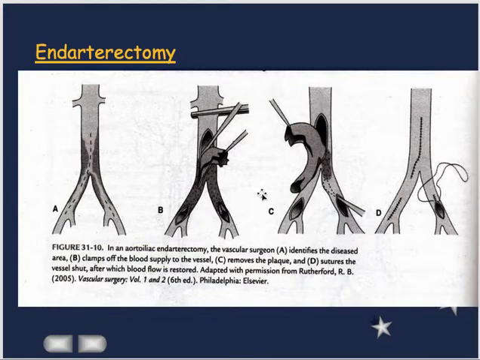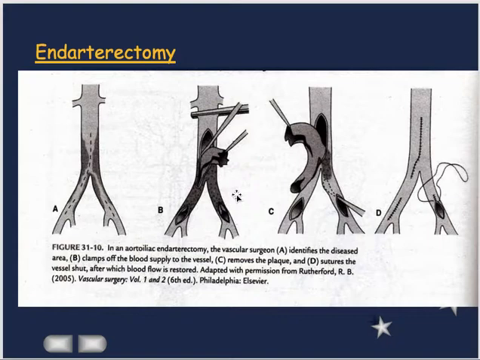I think you guys know what gangrene is and how gangrene looks, right? There are two types of gangrene, dry gangrene and wet gangrene. Anyhow, then the only solution is amputation.